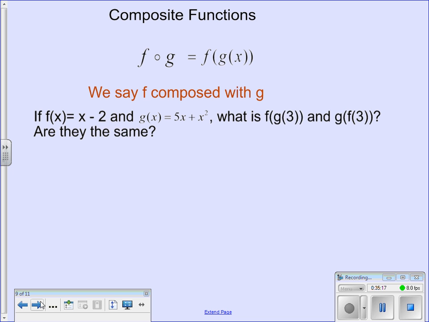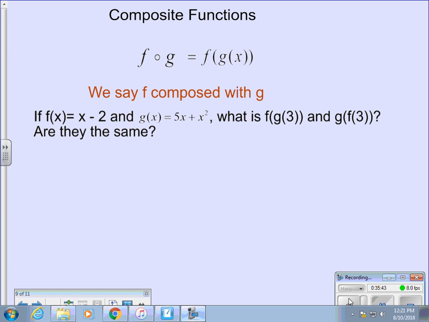F composed of g means g is inside of f. So if f of x equals x minus 2 and g of x equals 5x plus x squared, what is f composed of g of 3? What is g of f of 3? Are they the same? I don't know. Figure it out.